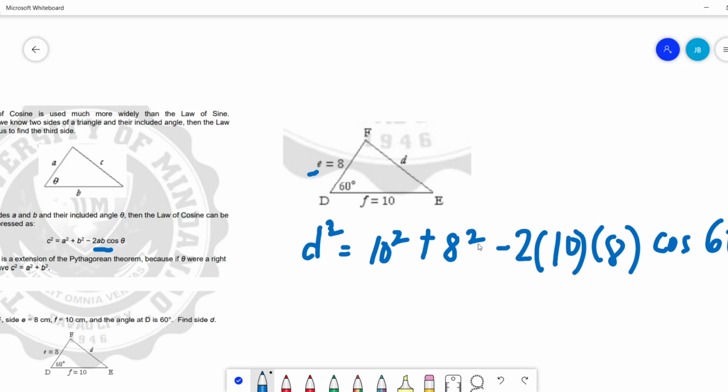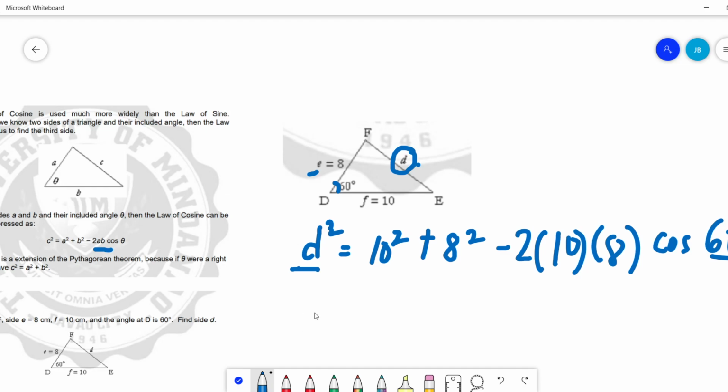The hint for you is to look at the opposite angle. Side d has the angle 60 degrees, which is the known angle. I hope you get what I'm saying.